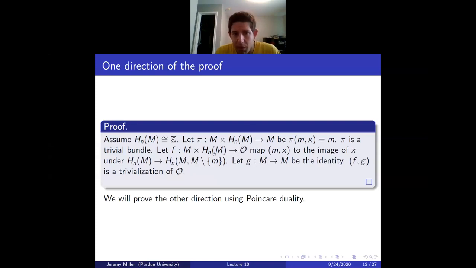For a bundle isomorphism, we need a map of total spaces and a map of base spaces, and you just take the identity on the base. Then this is an isomorphism from the trivial bundle to the orientation bundle, and so the orientation bundle is trivial. And then later today we'll prove the converse using Poincare duality. Any questions?